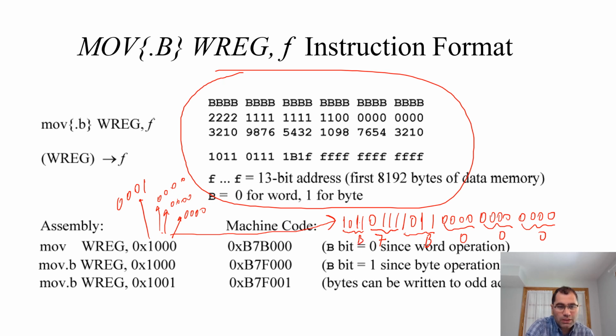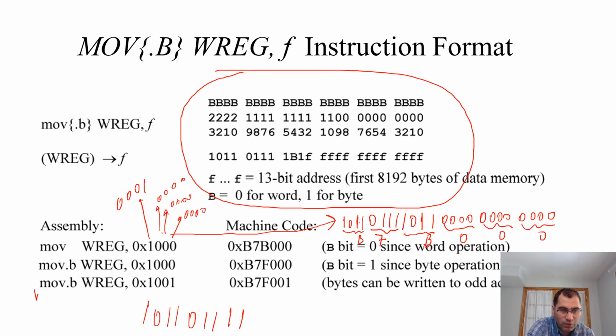Okay, so let's do this one, and see if we can get the same value again. The move.b, vreg, and 0x001001. Again, looking at this format, it's 1 0 1 1 0 1 1 1 1, and the B in this case is going to be 1 because it's a .b operation.